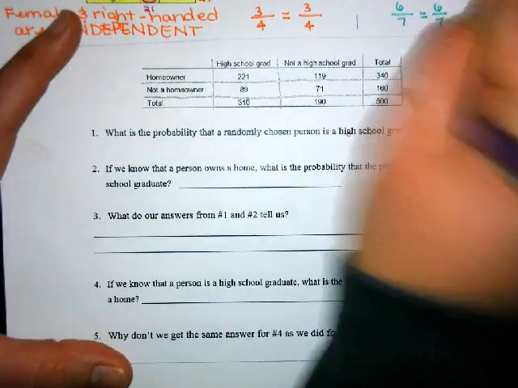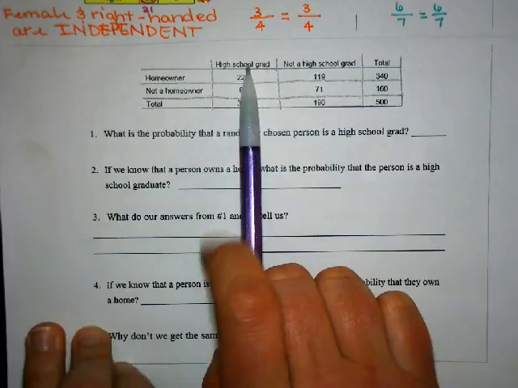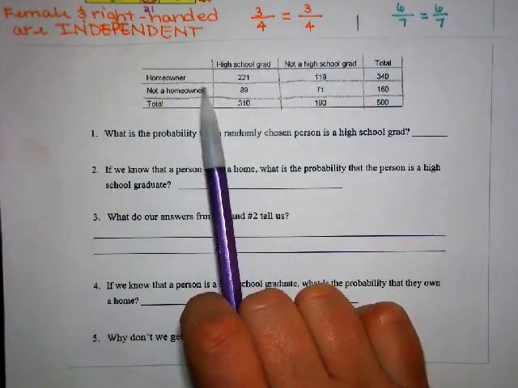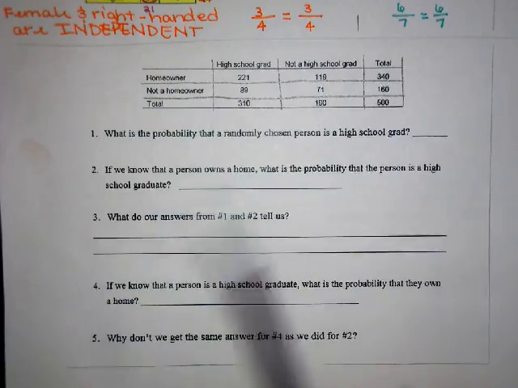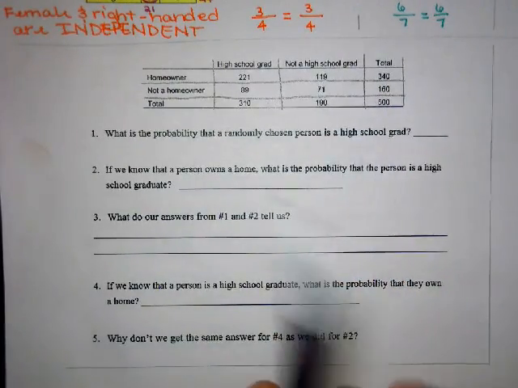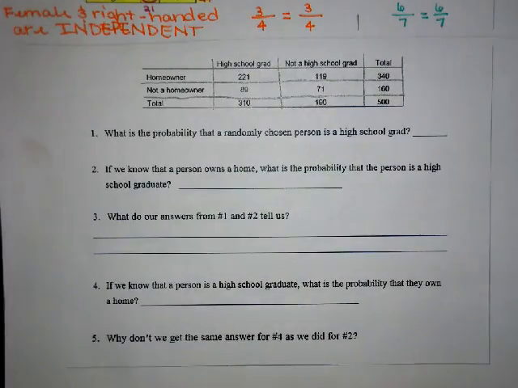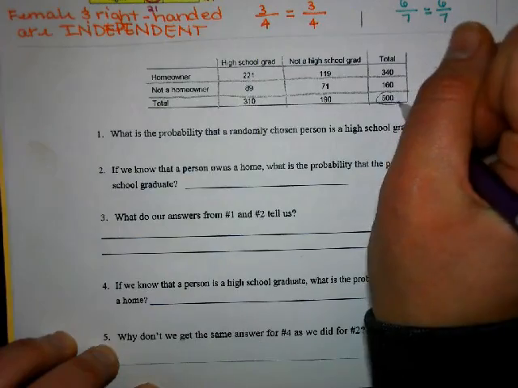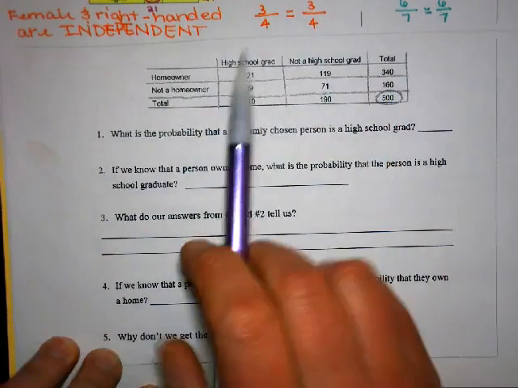Going down the side, we have homeowner, not a homeowner. And on this two-way table, the totals are filled in for us. So I'm assuming this was a survey, and 500 total people were surveyed about whether they graduated high school or not, and whether they own their home or not.